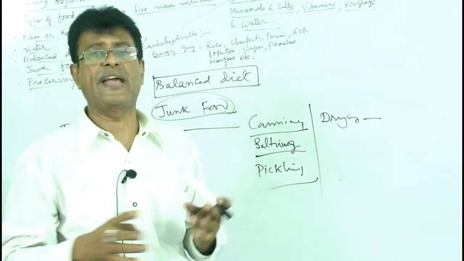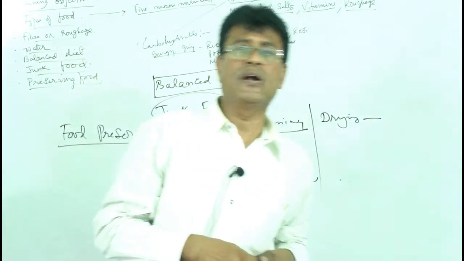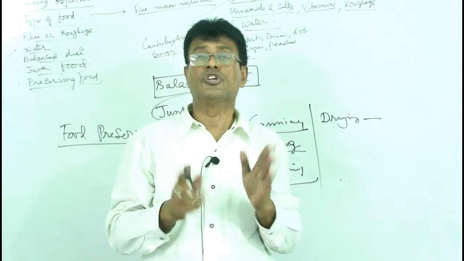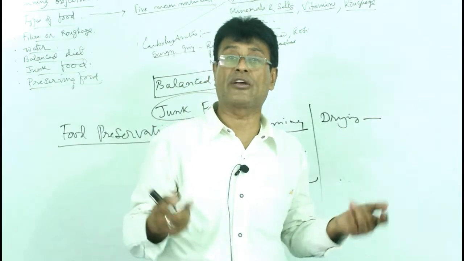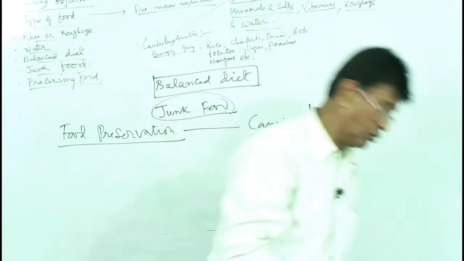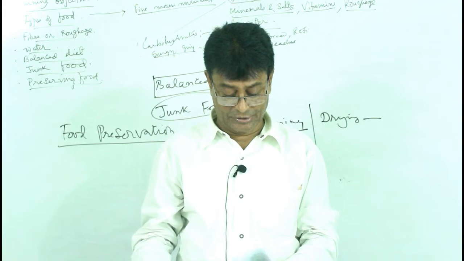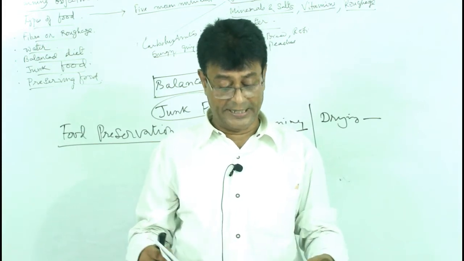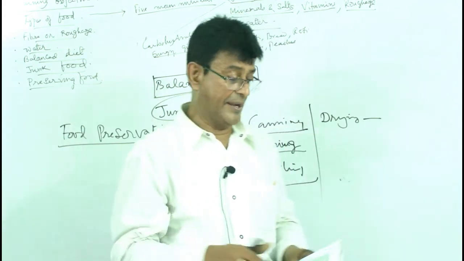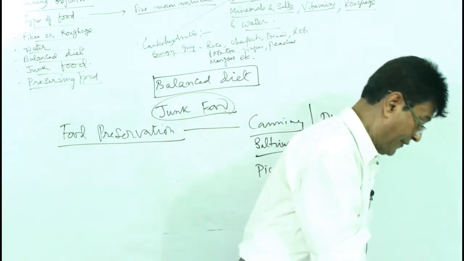Drying takes out the excess water from the food, and what happens if the excess water is gone? So moisture will not be there, so growth of microbes will also not be there. And making the pickle, they can be sent to various countries and all.